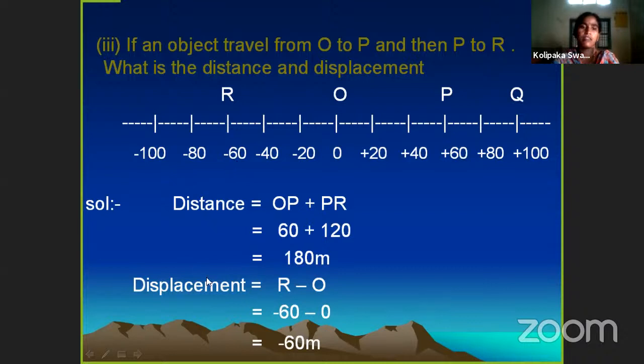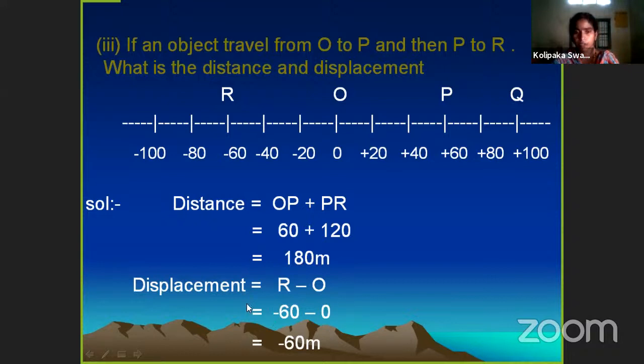Displacement is a vector quantity, meaning it has magnitude and direction. The direction is the left side of the origin, and we always take the left side of the origin as negative. Minus 60 minus 0. So displacement is minus 60 meters.